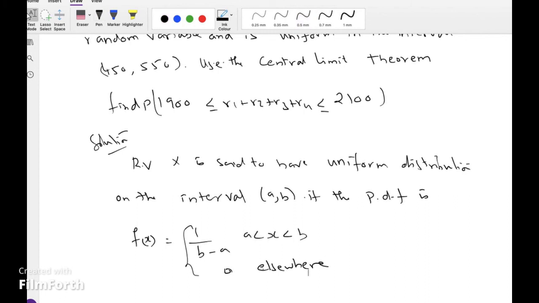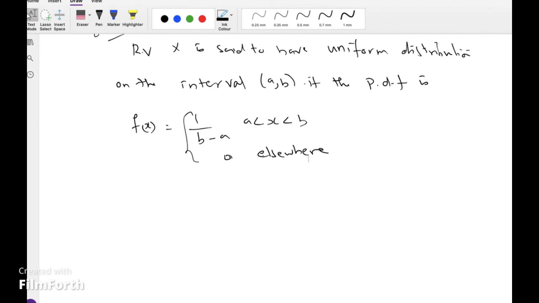Already we know that the mean of a uniform distribution is a plus b by 2 and the variance is b minus a the whole squared by 12.